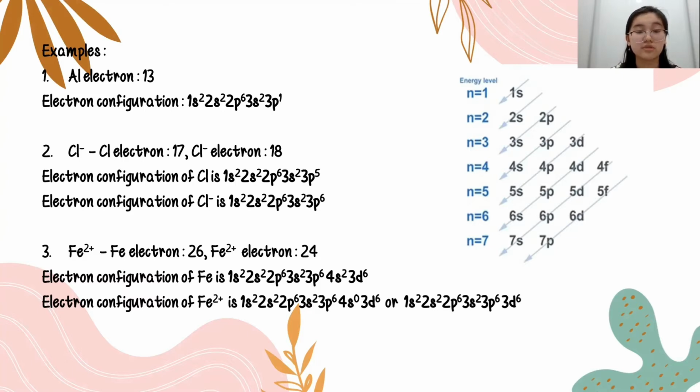And after that, we can subtract 2 electrons. But when we subtract, we need to subtract from the highest energy level. Here, the highest energy level is 4. So we subtract 2 from 4s2 and it becomes 4s0. So it becomes 1s2, 2s2, 2p6, 3s2, 3p6, 4s0, 3d6, or we can also write 1s2, 2s2, 2p6, 3s2, 3p6, and then 3d6.